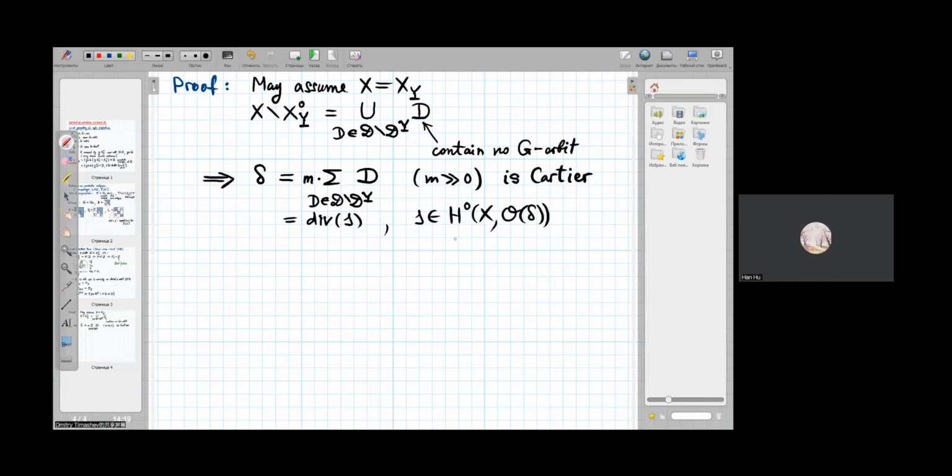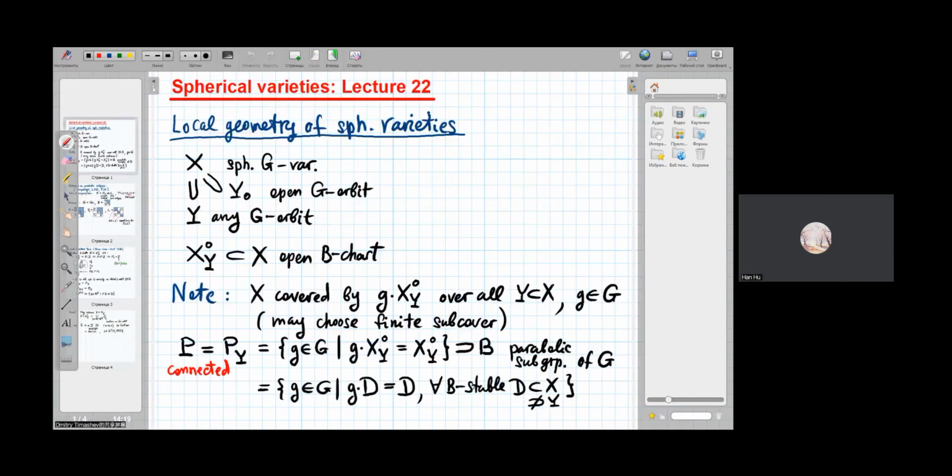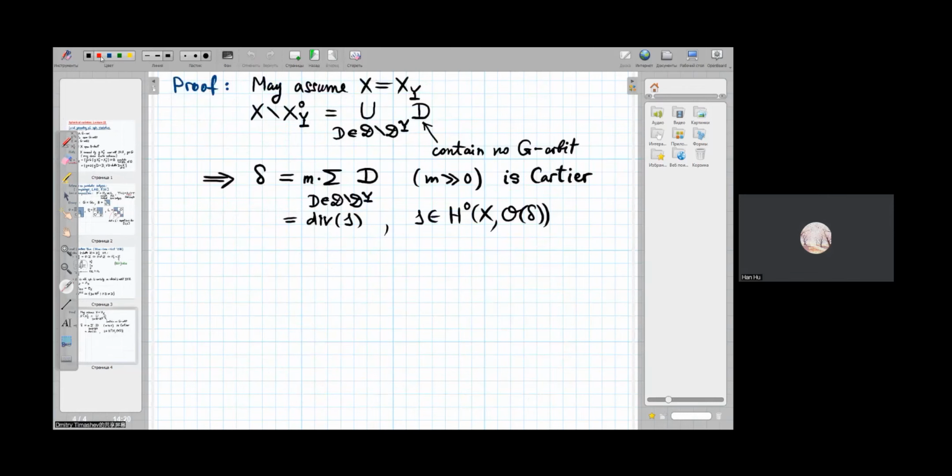And also, since this divisor delta is in the complement of the open B chart, it is stable under P. So delta is P stable. This is because P stabilizes all divisors in the complement of the open B chart.